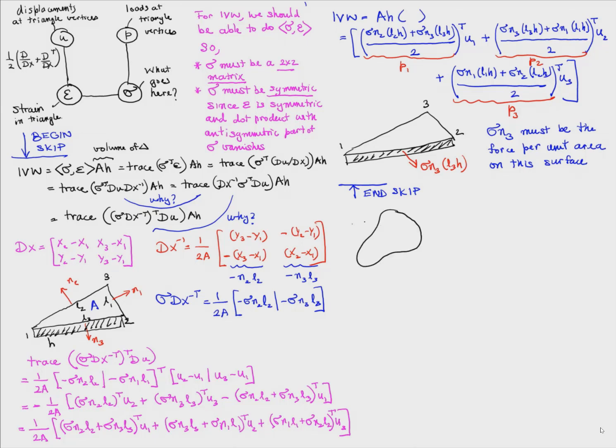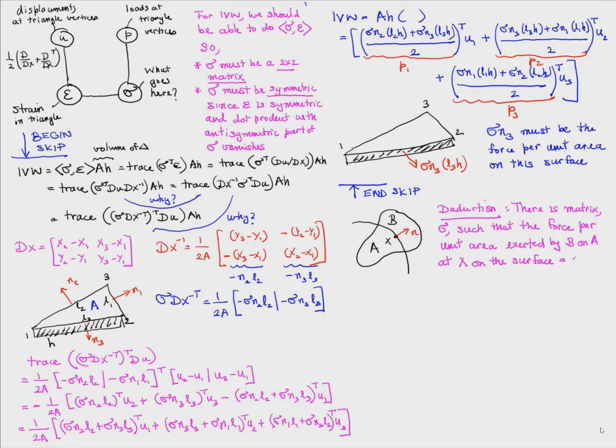Suppose we take a 2D continuum and cut it by a line like that, at a point x where the unit normal is n, and the line cuts the two-dimensional continuum into two parts, A and B. What this previous calculation says is there is a matrix sigma such that the force per unit area exerted by B on A at x on the surface is sigma times n.